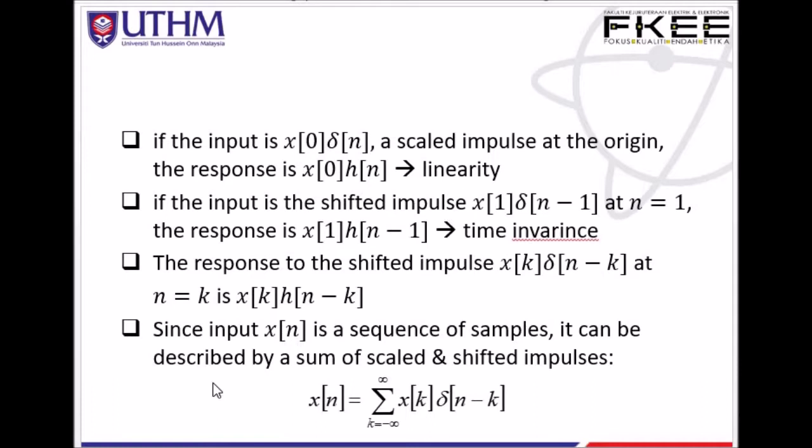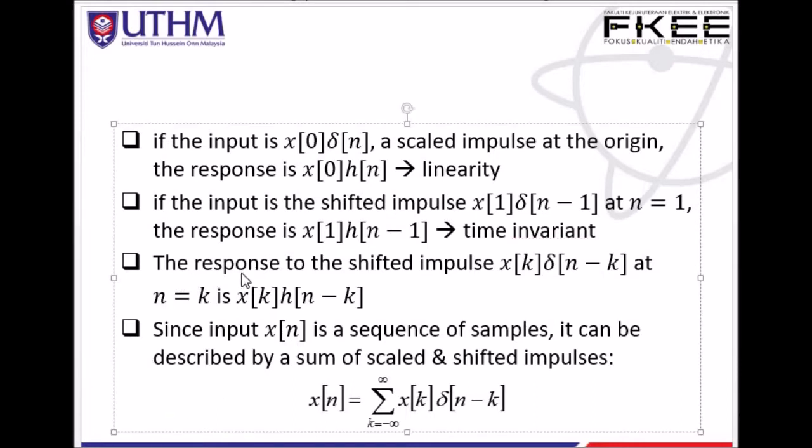This one we call time invariance. Therefore, we can say that the response to the shifted impulse xk delta[n minus k] at n equal to k is xk h[n minus k], the input multiplied with the impulse response.